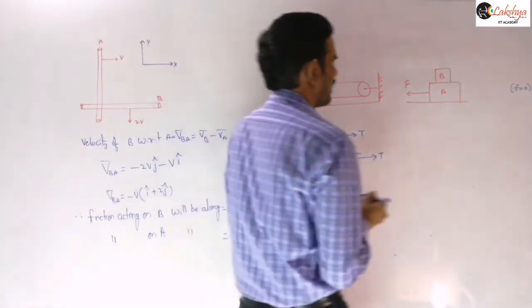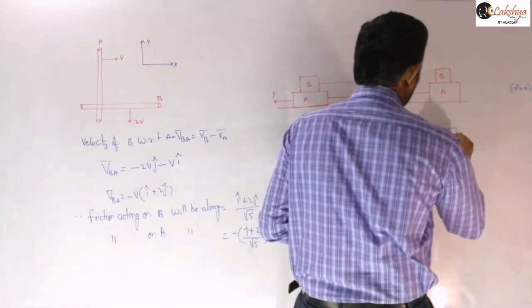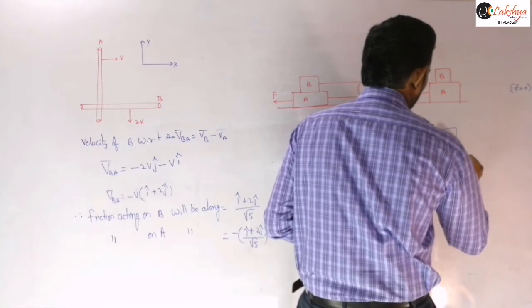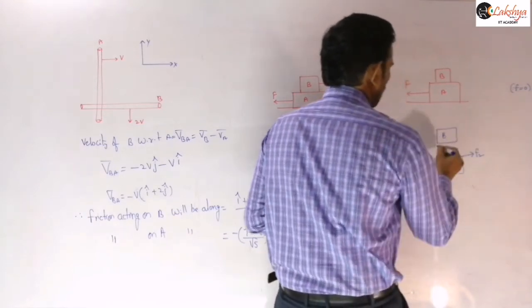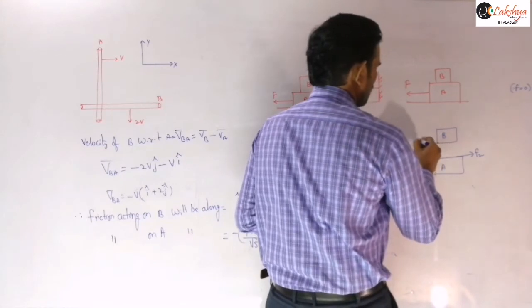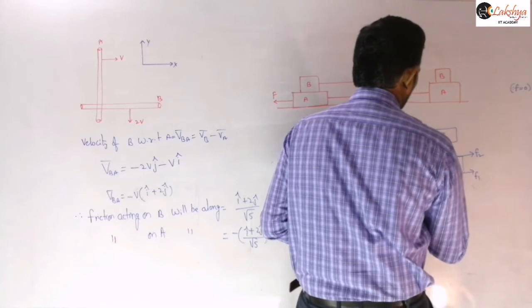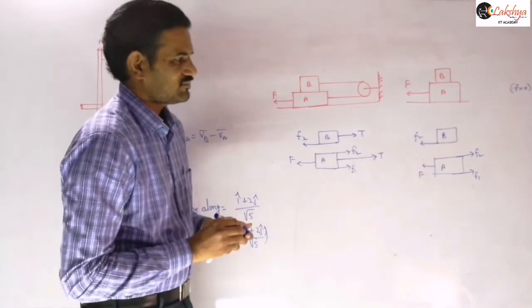Now you can represent the direction of frictional force acting on A and B like this. The frictional force acting on A will be towards left, and here the reaction force F2 will be there like this, and this is F1 from the floor, like this. Is it clear?